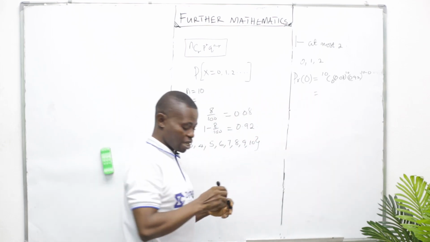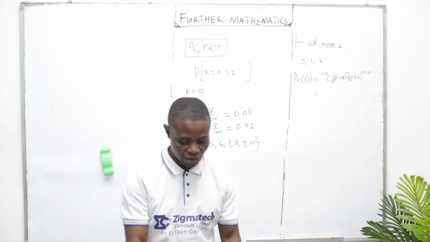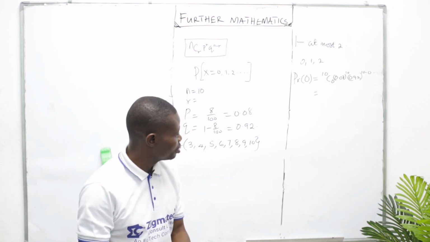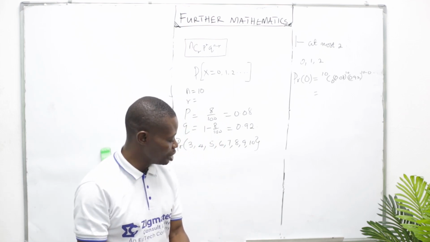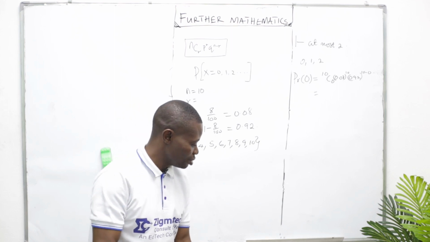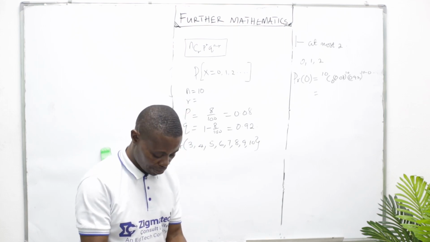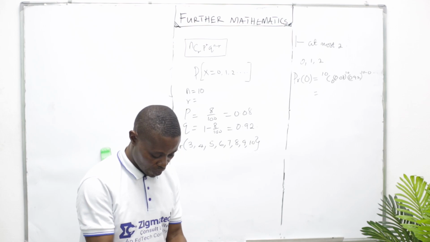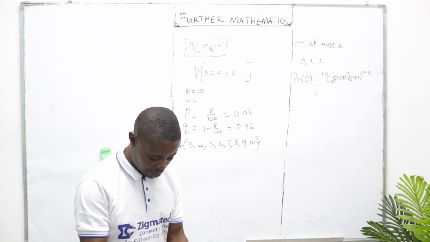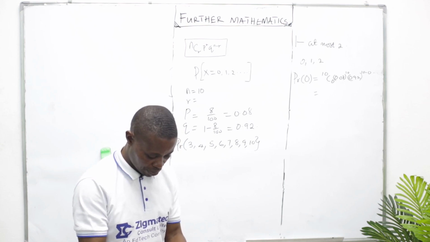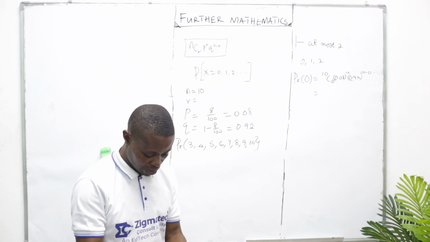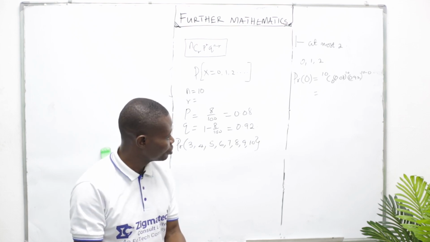You punch the calculator to get the solution. 10 combination 0 is 1.